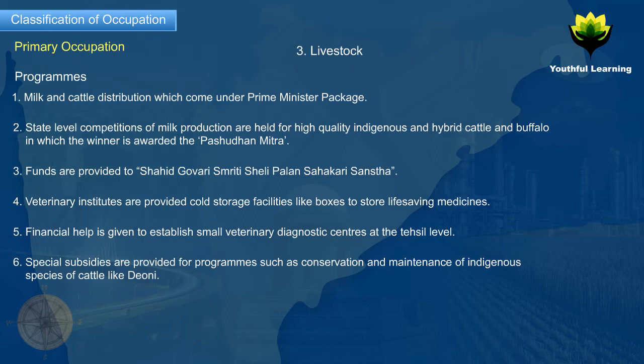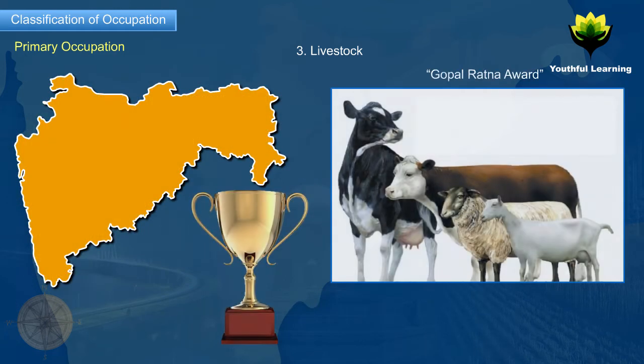Special subsidies are provided for programs such as conservation and maintenance of indigenous species of cattle like Deoni. 7. Establishment and empowerment of poultry development boards. Maharashtra has won the Gopal Ratna Award at the national level several times for its success in livestock rearing.